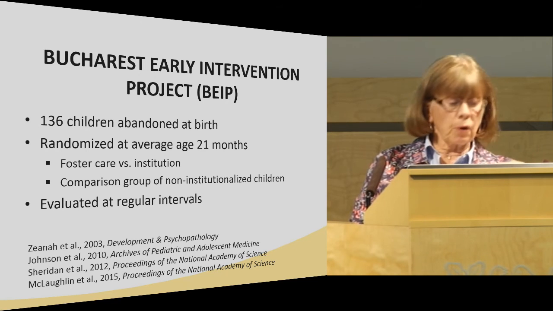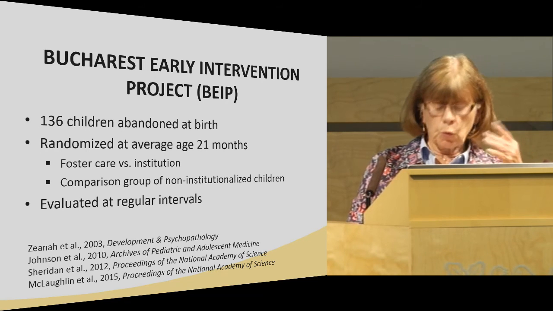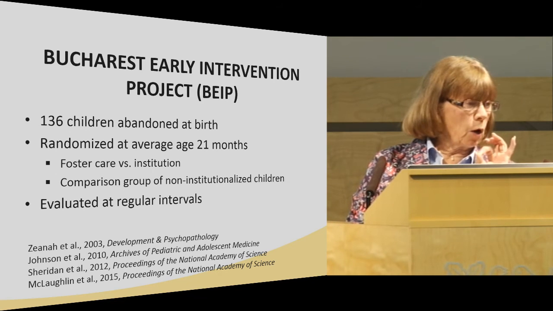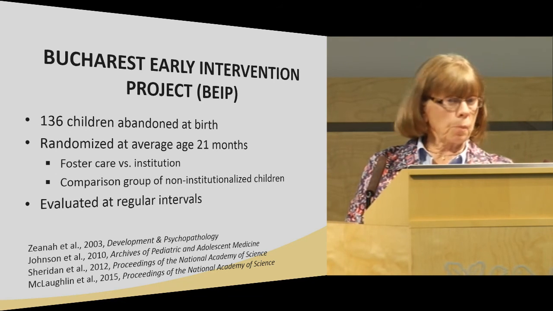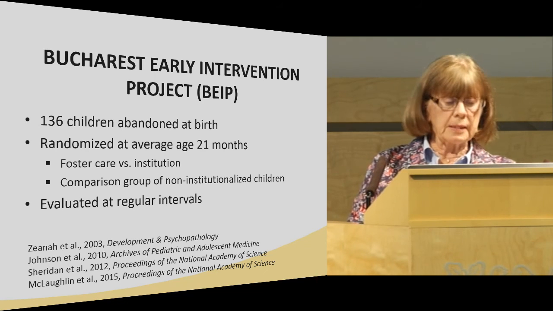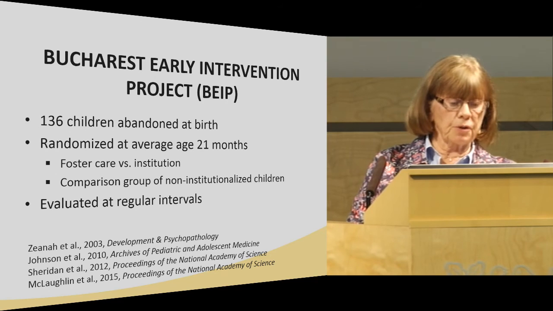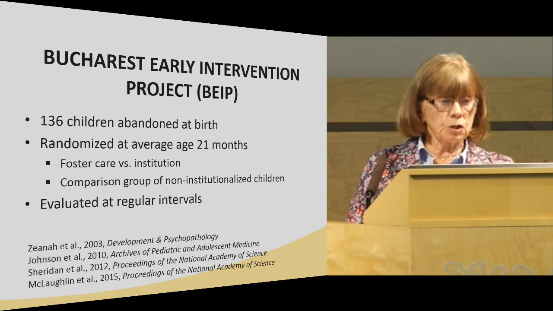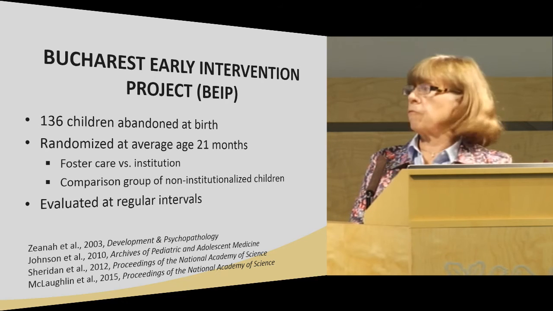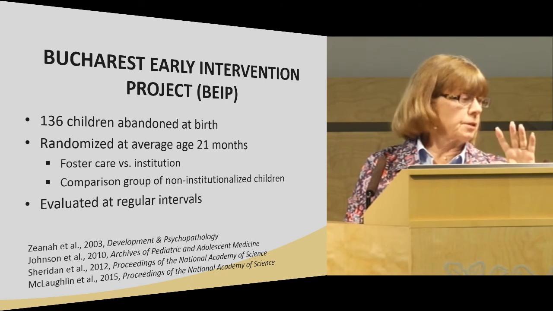There were a number of investigators who had a project that was funded that would randomize where these children were placed. You can debate the ethics of this, but what happens is that half of the children at approximately age 21 months went to foster care, and the other half remained in the institution.